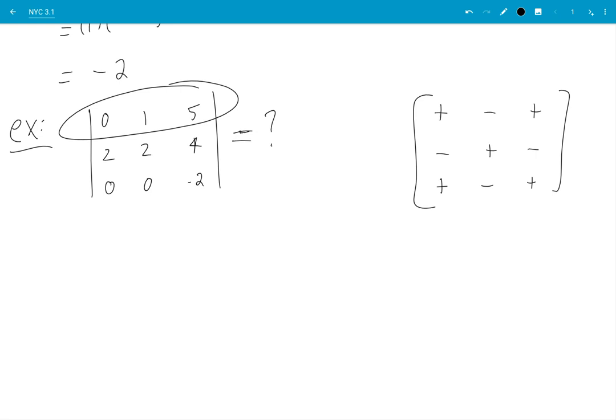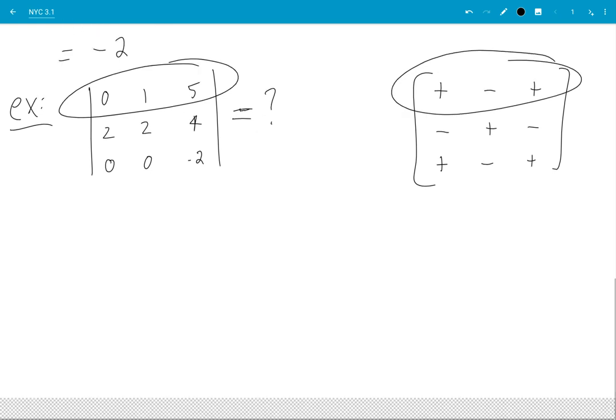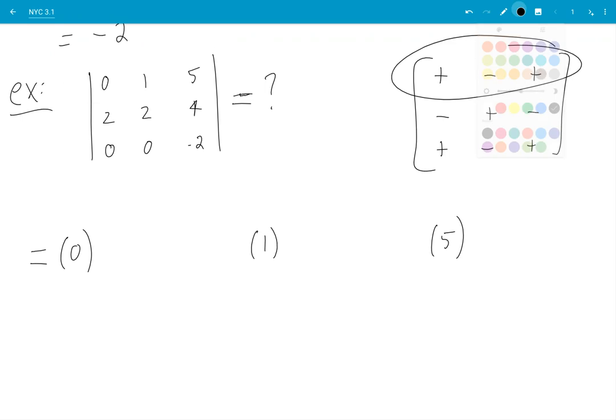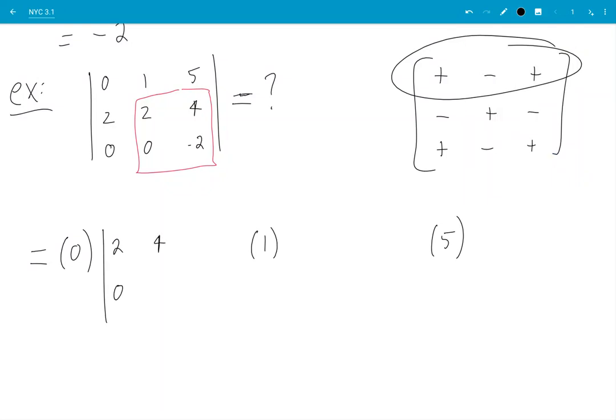So we're working with the first row in both cases. You take the 0, you take the 1, and you take the 5. Now the 0 gets multiplied by this determinant. The 1 gets multiplied by, well, let's just be careful here. Here's my 1 in question.